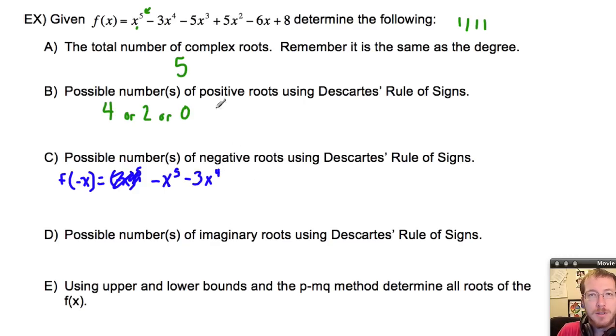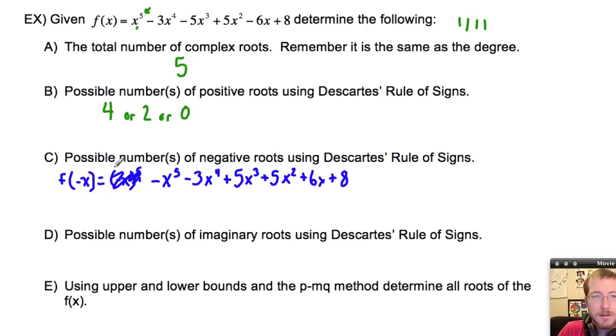Okay, odd power, so that negative is going to become positive, because remember, a negative times a negative is a positive. So any even power, we're just going to get just as if we put in a positive x. Okay, so negative 6x becomes plus 6x, and then of course that doesn't change our plus 8.